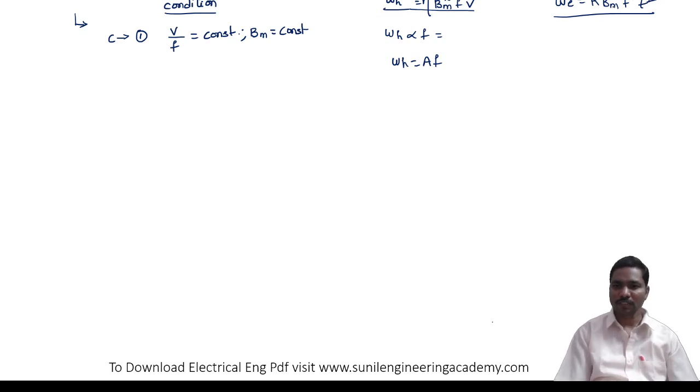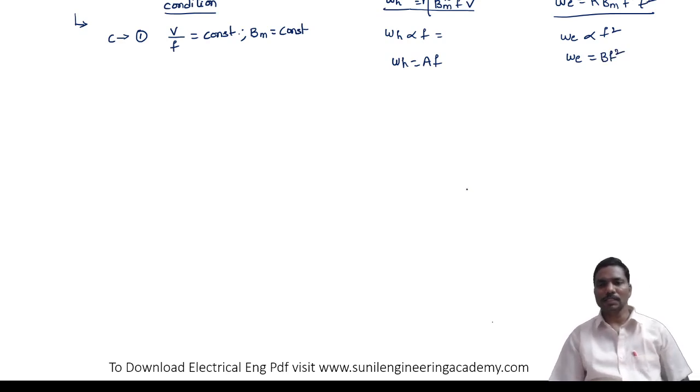Here V by F is constant, that is B max is constant, so you get F square, that is WE is equal to B F square. So what about the total losses in this case? A F plus B F square.